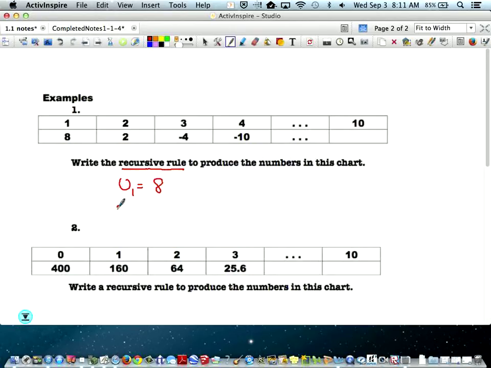The rule then, u sub n, you're telling somebody if you wanna find any term in the sequence, do this. Take your last number, u sub n minus 1, and subtract 6. Take your most recent answer, tell them to subtract 6, and it should generate this rule.